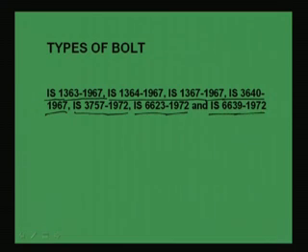Different types of bolts, their configuration, material characteristics and other details have been given in these codes. So, for details we have to refer to the codes where the standard things are given.